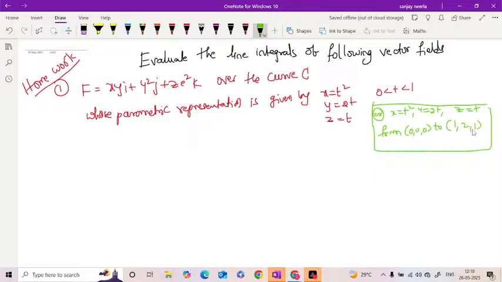Okay, but luckily they have given directly the t value in between 0 to 1, otherwise also you can easily identify. Observe, here already we have taken z is equal to t, so you have to take the z limits only. So this is the first problem.